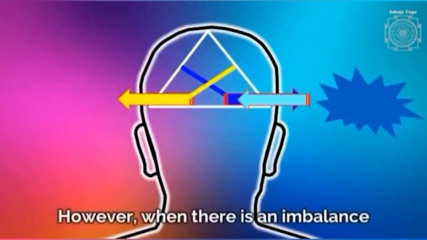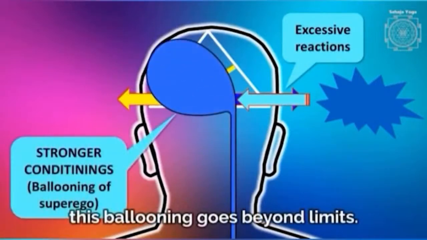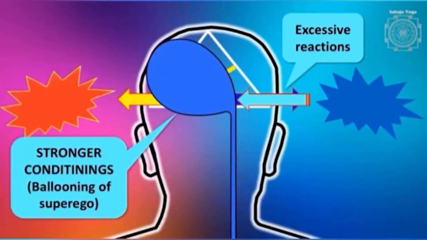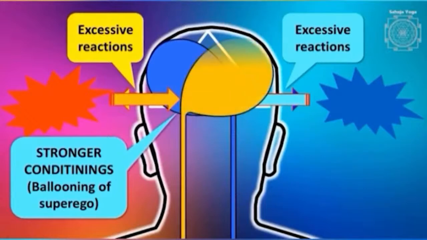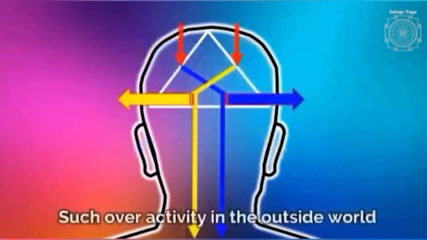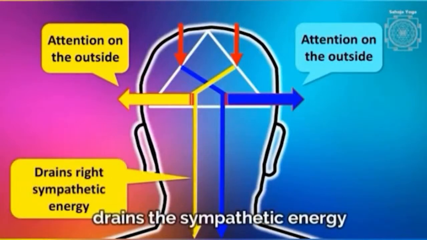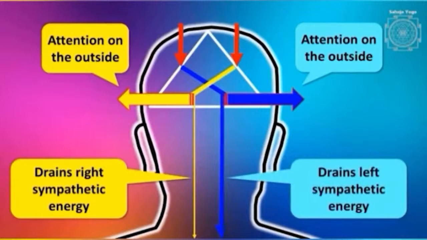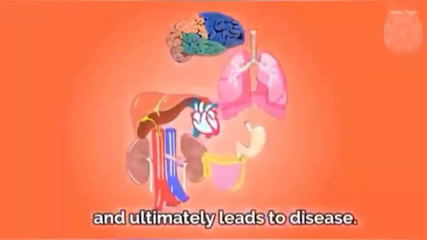However, when there is an imbalance, this ballooning goes beyond limits. Such overactivity in the outside world drains the sympathetic energy. And, ultimately, leads to disease.